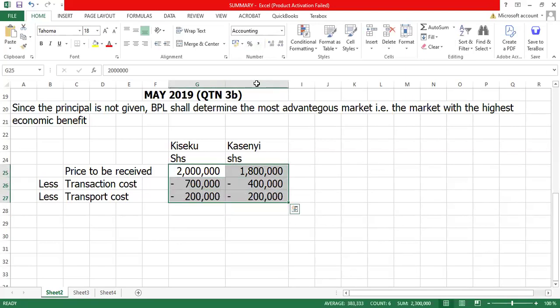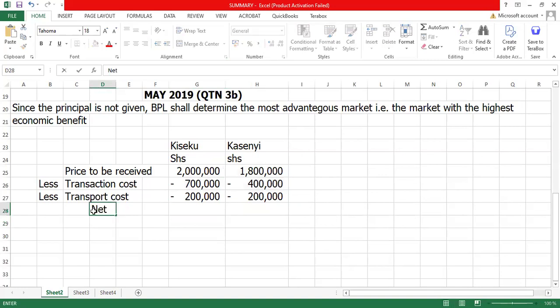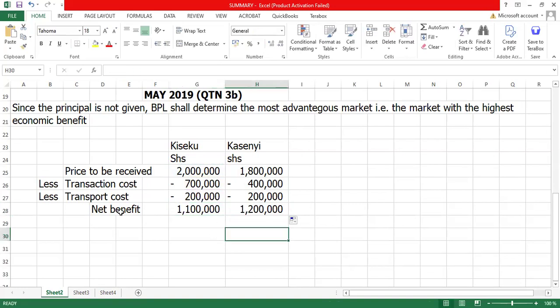Then you look for the net benefit. You just use your calculator: this minus all these. That's what I have here, then that's what I have. So from this, what will be your most advantageous market? Where you benefit more.